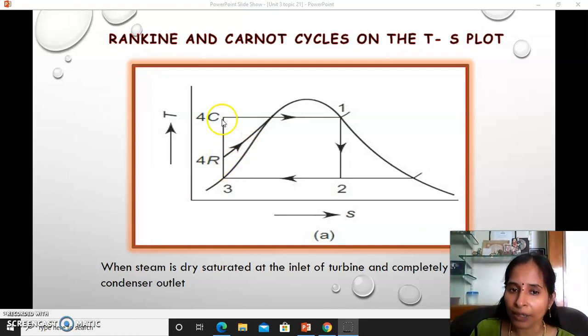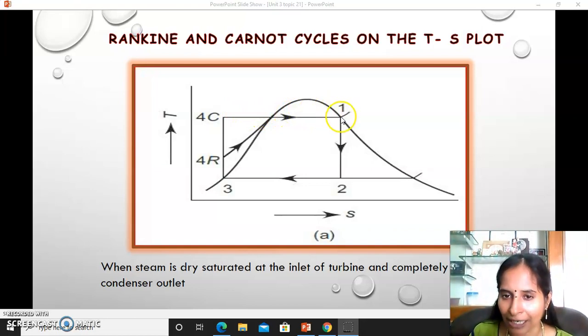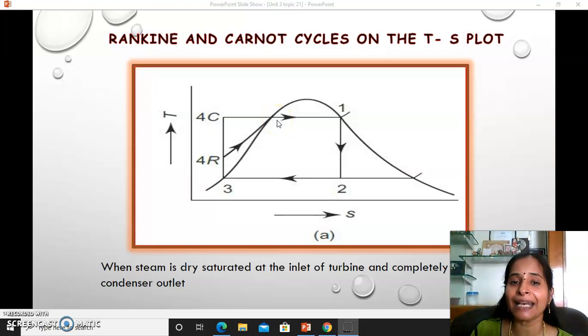So from this comparison we should learn that the temperature of the working steam in the boiler should be as high as possible. The temperature should be at the average temperature of heat addition.